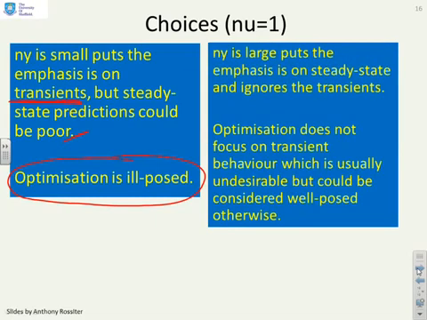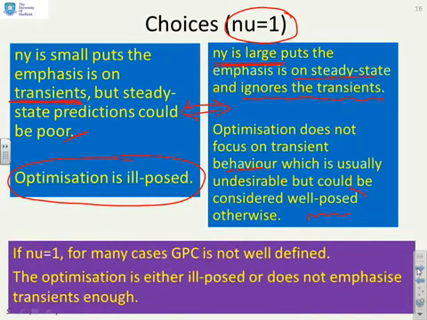If you choose ny large but keep nu to be 1, then now all the emphasis is on the steady state, and you're now ignoring the transients. So you'll see there's a sort of a shift here from focus on the transients to focus on the steady state. And because the optimization does not focus on transient behavior, then you could end up with something that is well posed or isn't well posed, depending upon whether the open loop dynamics are good or not.